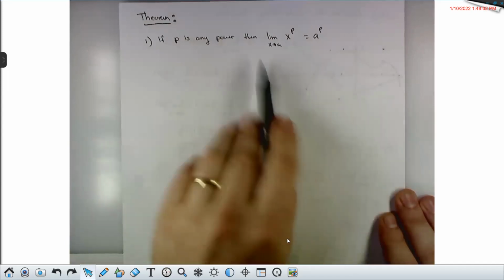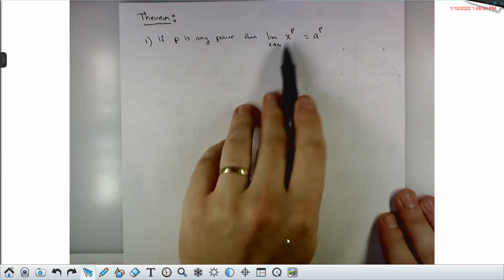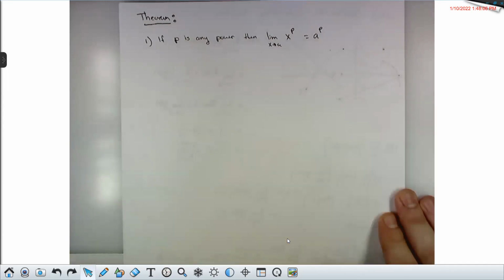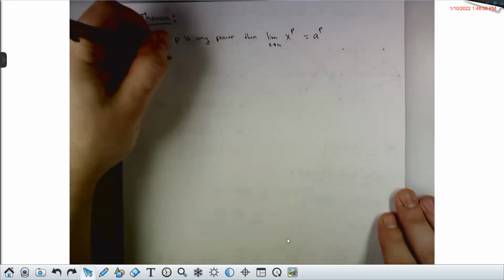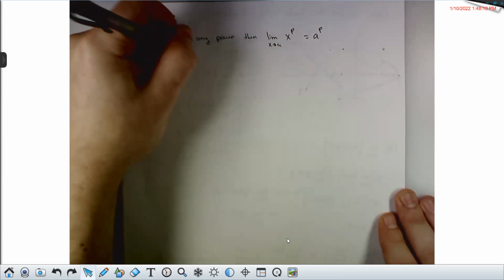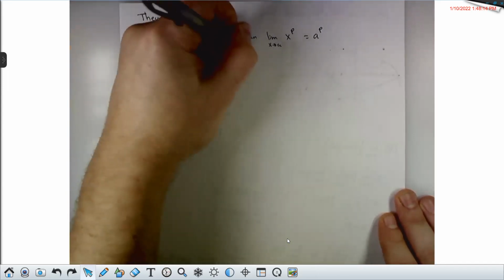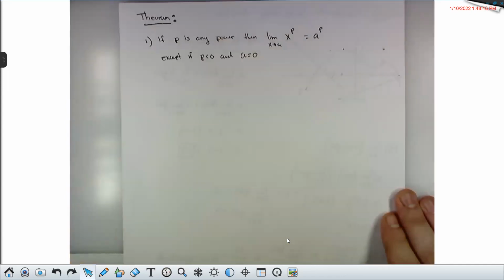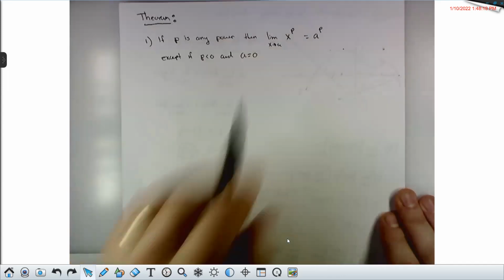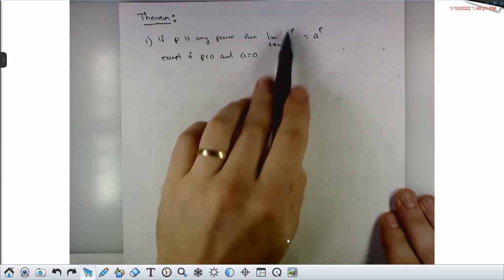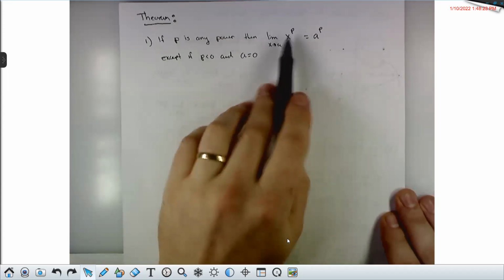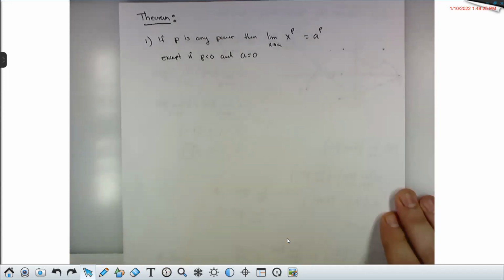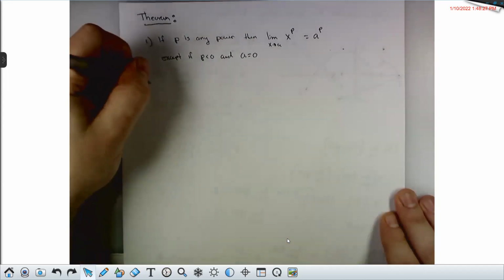And what we're saying here is that you can calculate this limit just by plugging in. The only exception to this rule is if p is negative and a, the place you're taking the limit, is 0. Because of course, if p is negative, then this is like 1 over x to some power, and you cannot plug 0, excuse me, cannot plug 0 in downstairs.